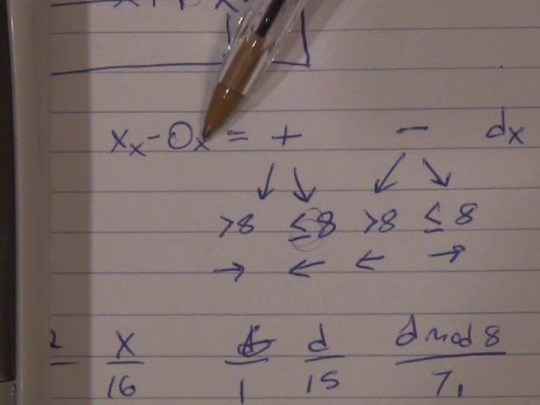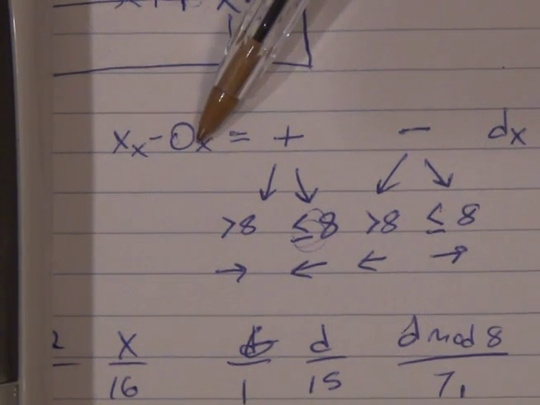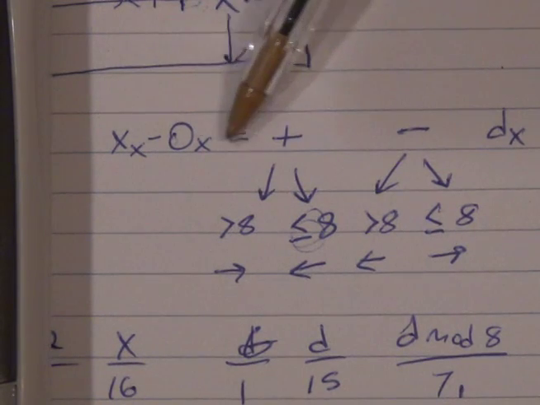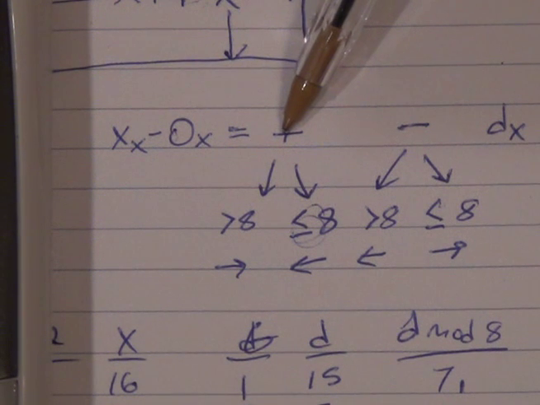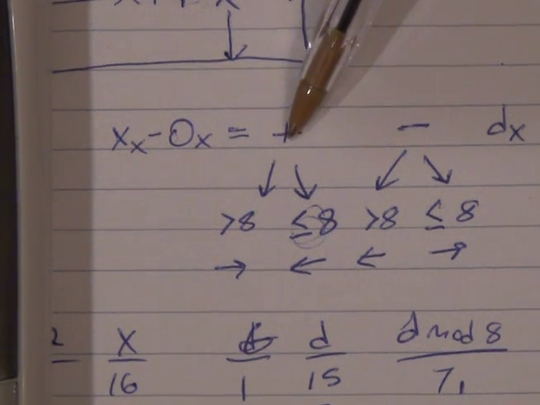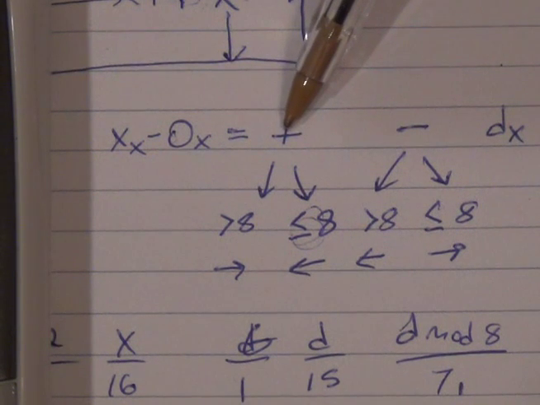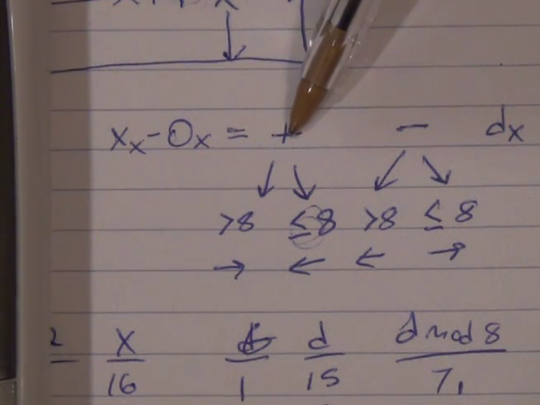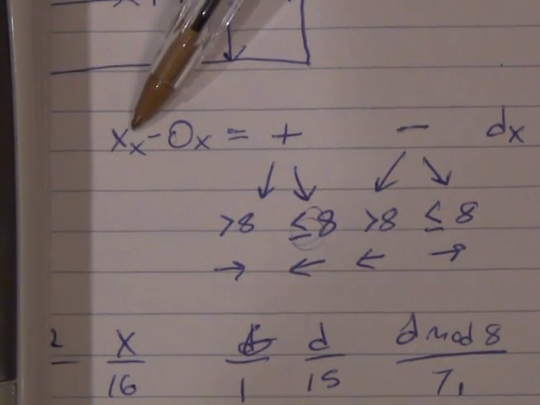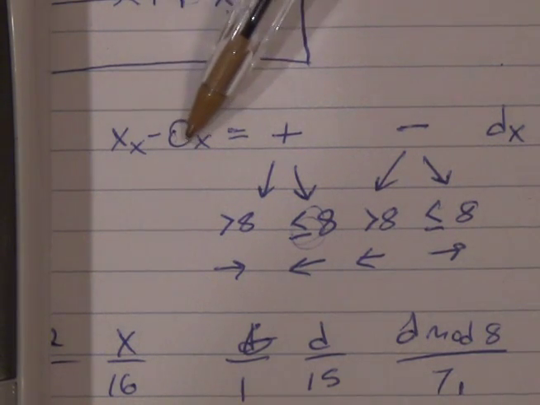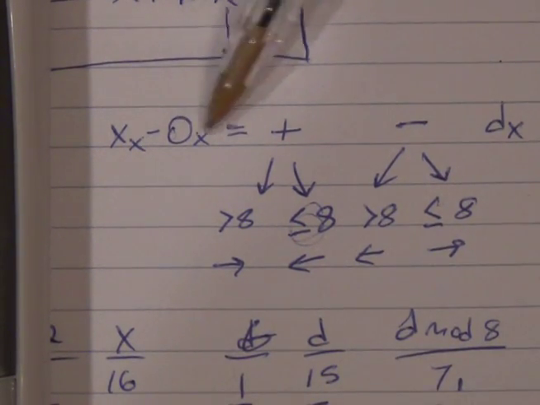16 minus 1 is 15, which is positive. Which means he's on... I'm sorry, wait. He was on the left. So 1 minus 16 is negative 15.